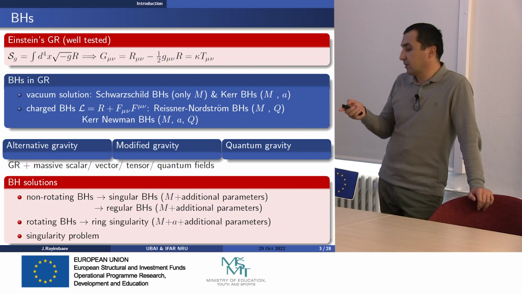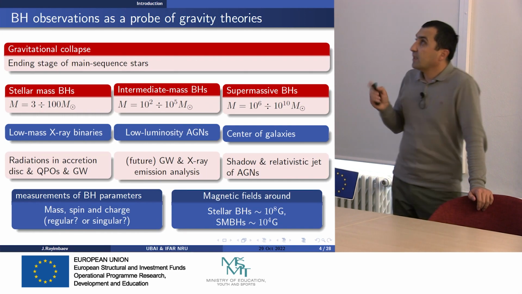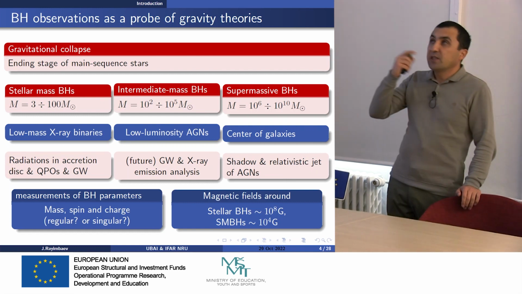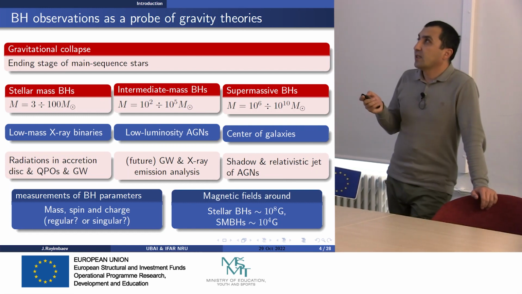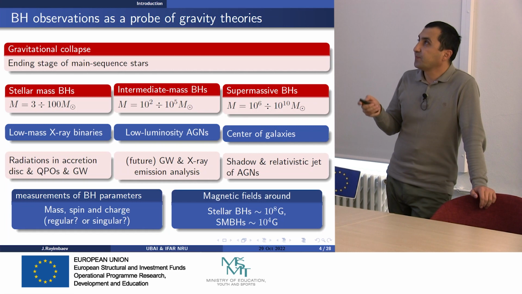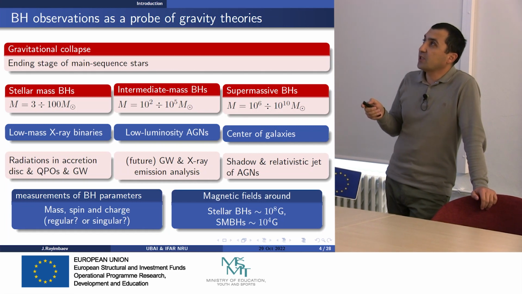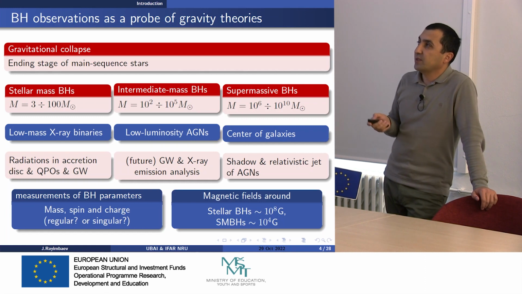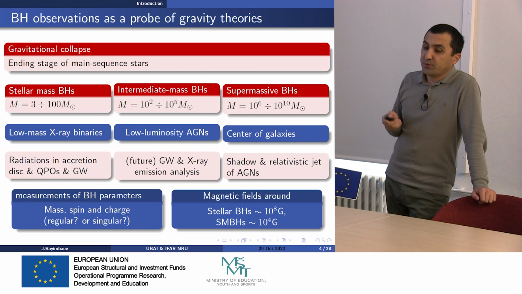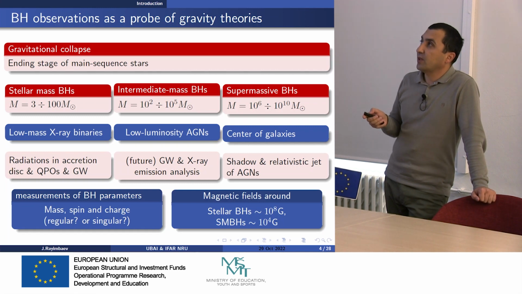Are they regular black holes? From the astrophysical point of view, these black holes are the ending stage of the gravitational collapse of main sequence stars, and according to their mass there are actually four types.